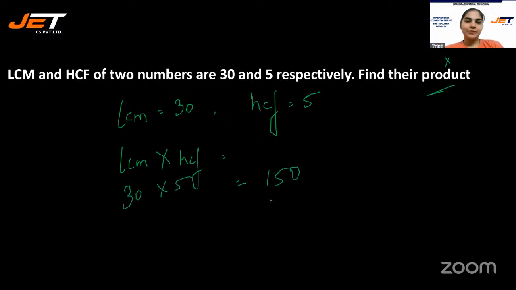Product of the two numbers is the product of LCM and HCF, which is 150. Because you know, the product of HCF and LCM is equal to the product of the numbers.